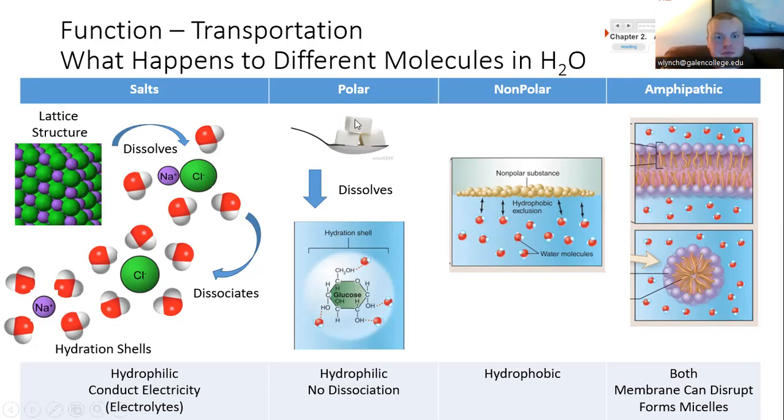Now, a polar substance, such as sugar, is also going to be able to dissolve, but it's going to have a lot more water associated with one molecule. So that means that a molecule of glucose is not going to dissolve completely. For salt, we had sodium and chloride dissociate. They become individual atoms of sodium and chloride.